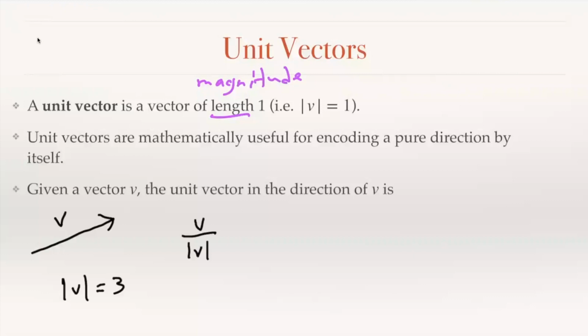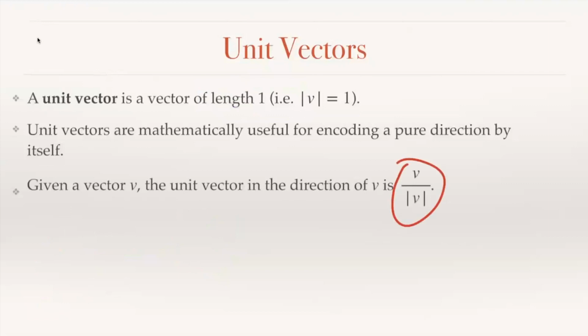So then v over the magnitude of v will be v scaled back by a factor of 3, and then this guy will be of magnitude 1. And this v over the magnitude of v is therefore the general formula for finding the unit vector that's in the same direction of a vector v. So we have that the unit vector in the direction of v is v over the magnitude of v.